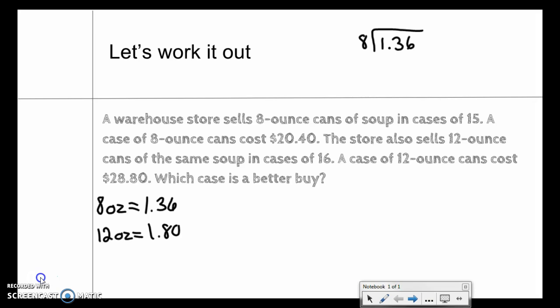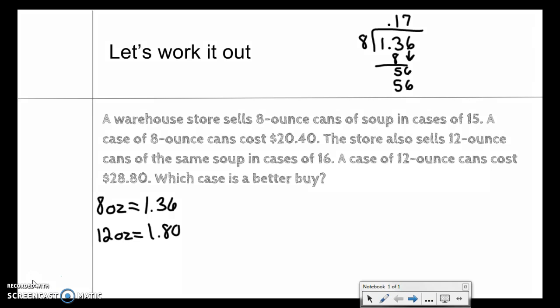8 cannot go into 13 more than one time, which is 8. The difference is 5. Put it under 6. 8 goes into 56 7 times, which is 56.